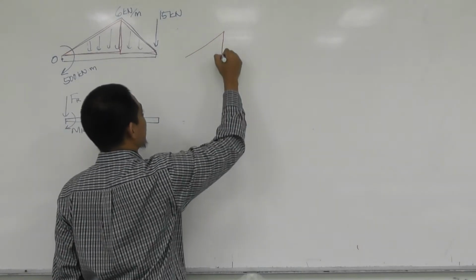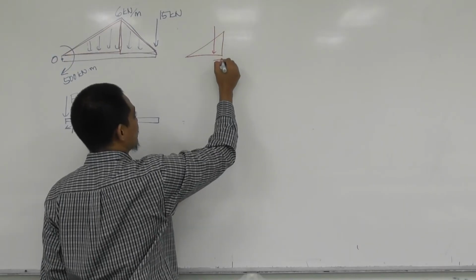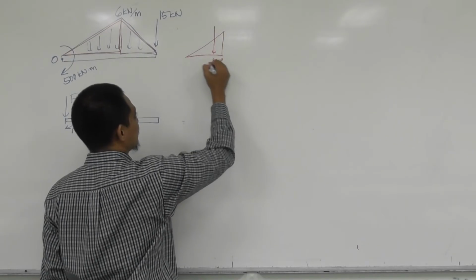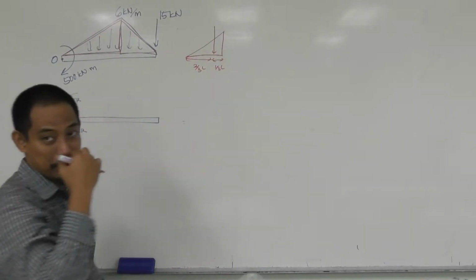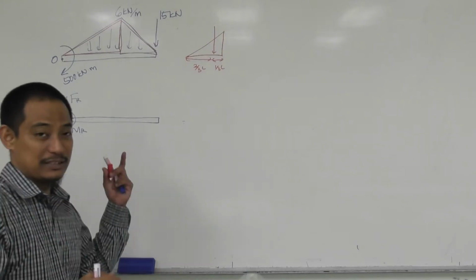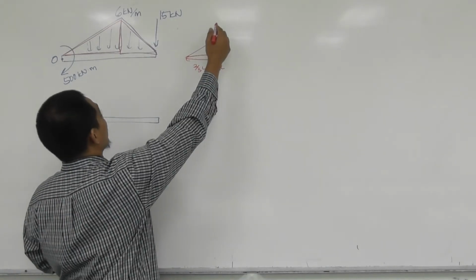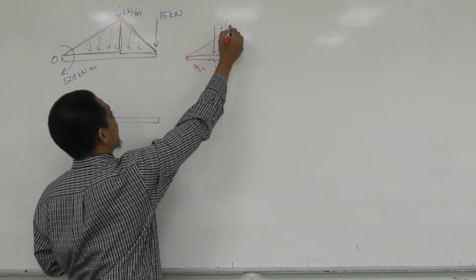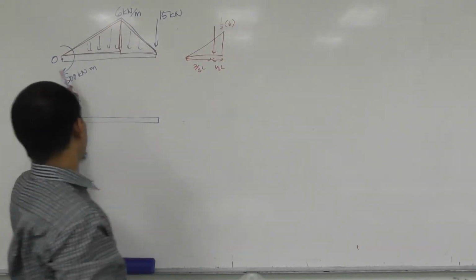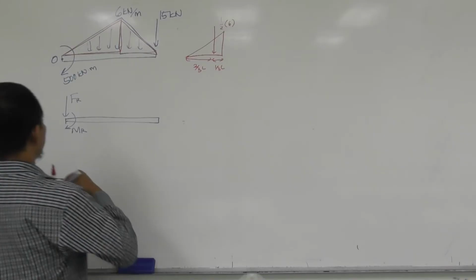For this triangle, the force should be at 1/3 here, so this will be 1/3 of the distance, and this should be 2/3 of the distance, from our understanding before. It's the 1/3 to 2/3 ratio. I didn't put the distances, so they should be put there also.